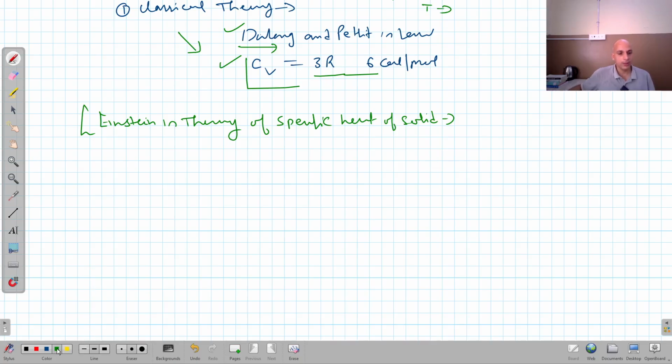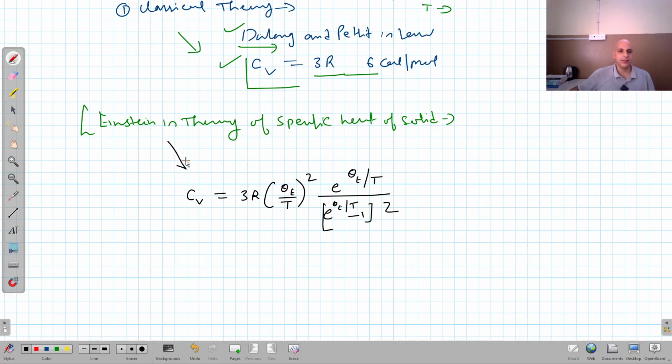Cv, the specific heat, is equal to 3R into (theta E upon T) whole square, e raised to power theta E divided by T, divided by (e raised to power theta E divided by T minus 1) whole square. So this was Einstein's result, right?